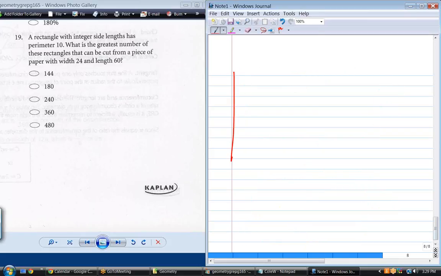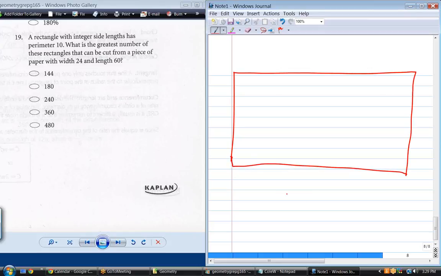Okay? So now they're saying, well, if I have a piece of paper that is 24 by 60, and I want to cut little tiny rectangles that are either 1 by 4 or 3 by 2, how many can I get out of that?